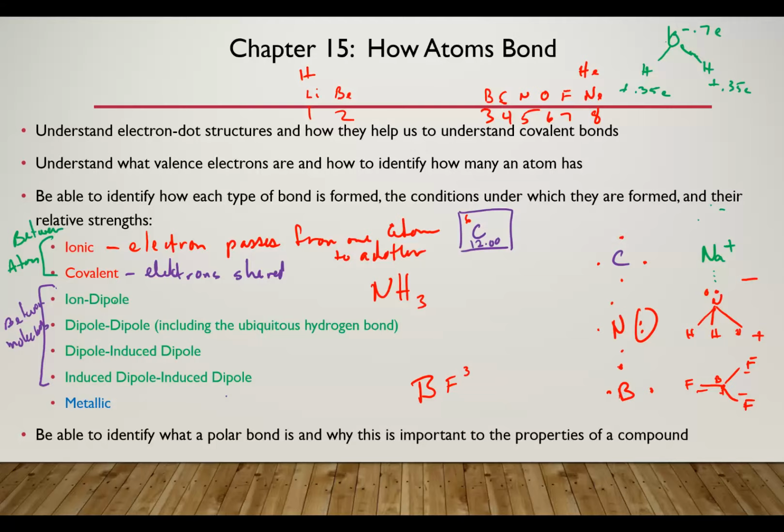And so another water molecule comes by and its oxygen says, ooh, look at that hydrogen. And it bonds to that hydrogen. And so that is a dipole-dipole bond. And we call it a hydrogen bond in this case where it involves the hydrogen.